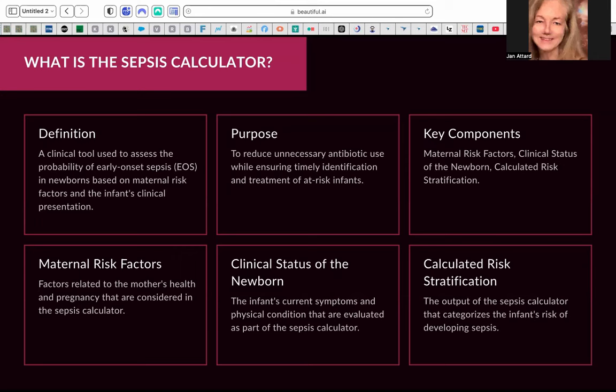The key components are maternal risk factors, clinical status, and the calculation that I have just discussed. The maternal risks are factors related to the mother's health. Is she older? Is she in poor health? Has she had a difficult pregnancy?